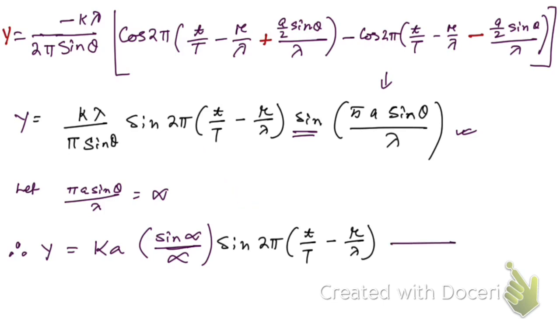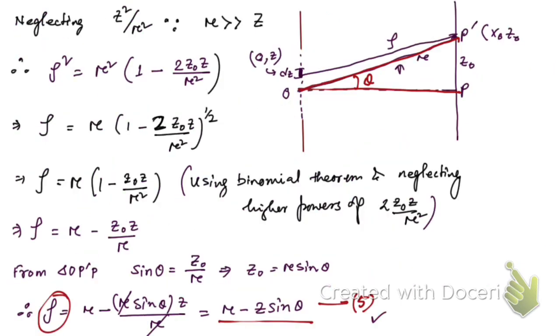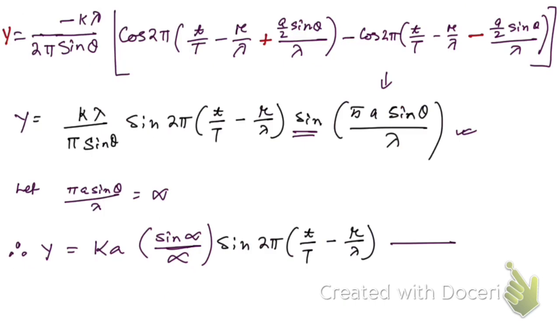Now let it be equation number, what was the last equation number I have written? The last equation number was 5, so let's write it 6, okay? This is equation number 6. Now from this equation we can see that the amplitude at this point p dash, this is the resultant amplitude, that's gonna give you a resultant amplitude, okay?